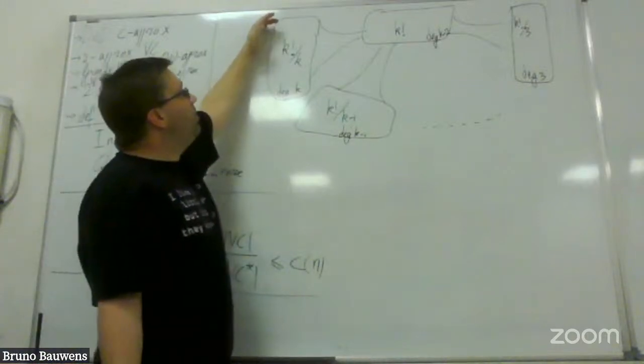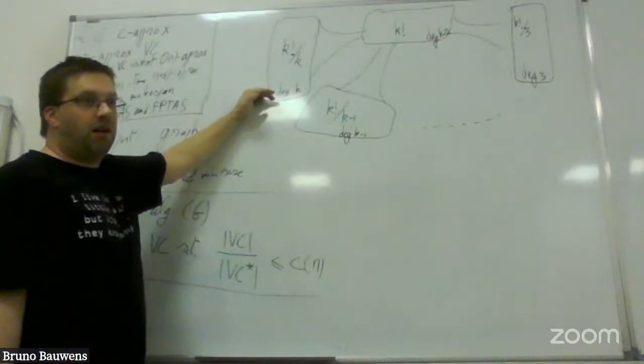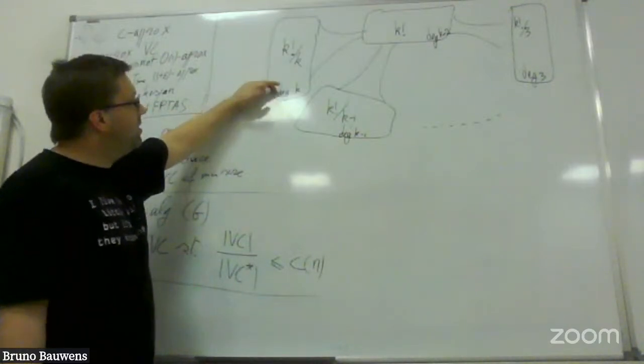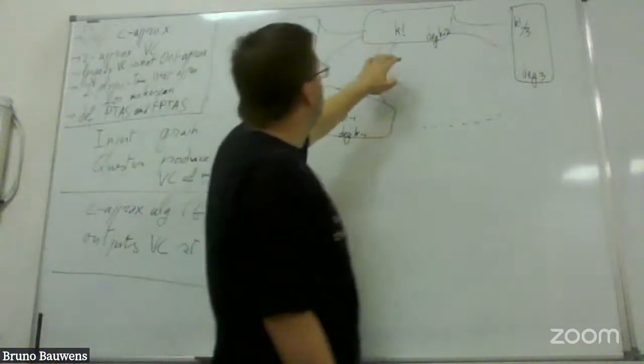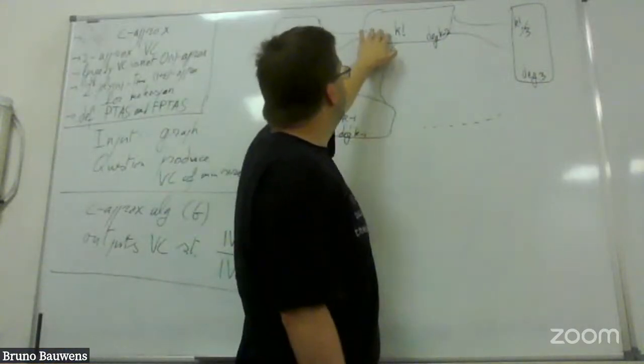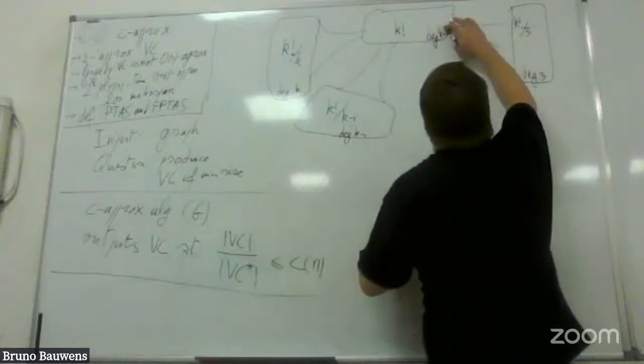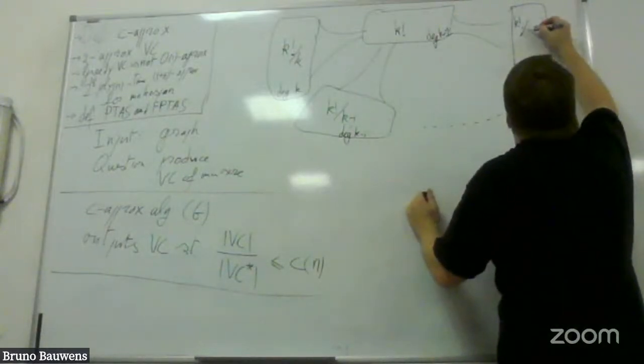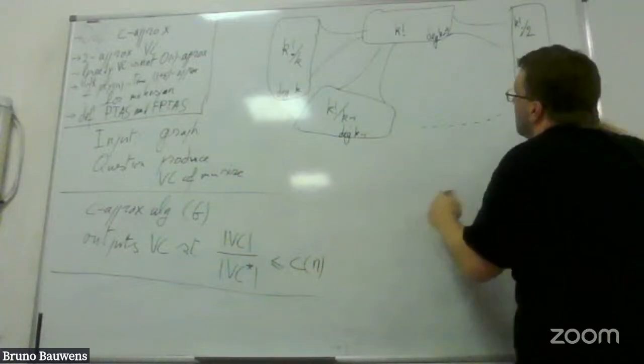By the time we are finished, all these nodes have degree k, and it's enough that these nodes drop to k. So it was right. I did everything right.